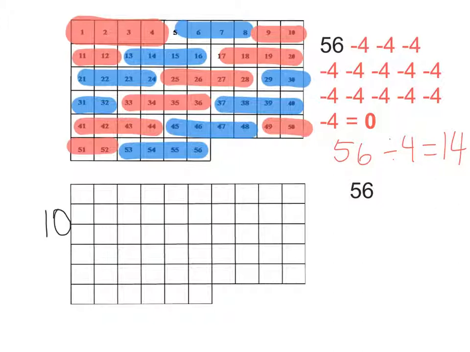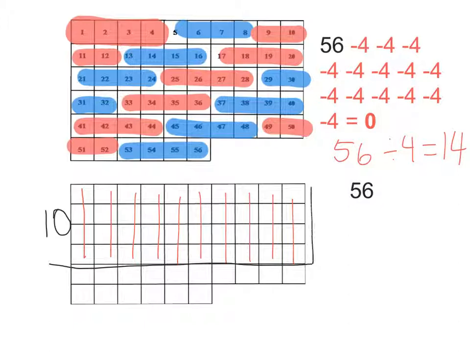So 10 times 4 is 40. We have actually taken away 10 groups of 4, which is 40. We've dealt with that all at once.